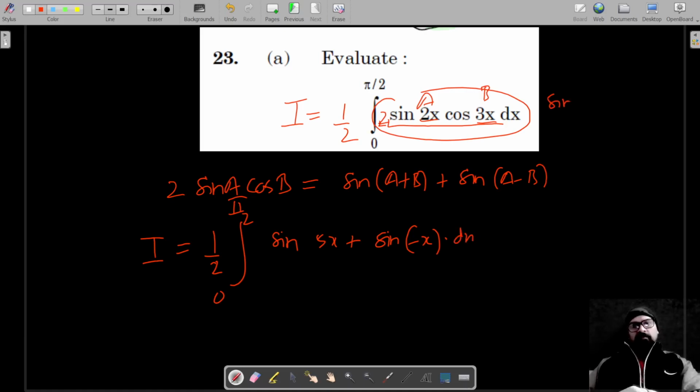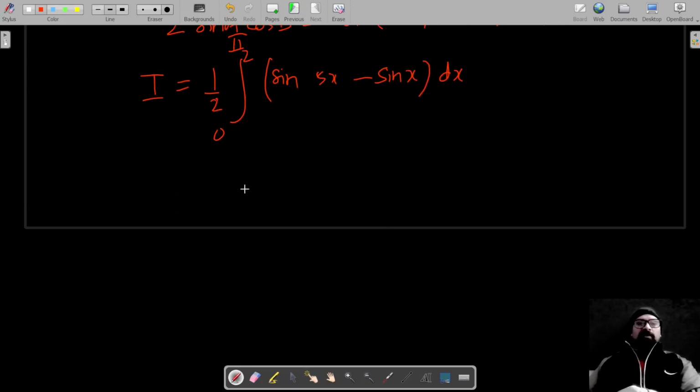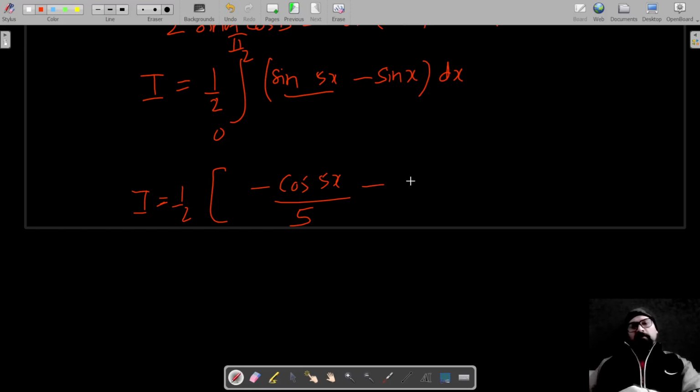And we know that sine of negative x is equal to negative sine x. So this becomes negative sine x into dx. Okay, so let's do the integration now. Integration of sine 5x is negative cos 5x divided by 5, minus integration of sine x, which is negative cos x.